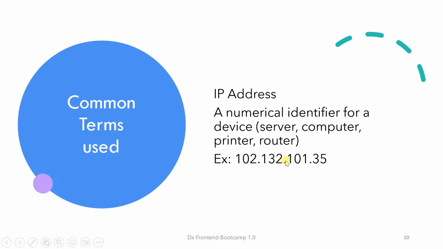Imagine if I have to memorize 10 websites and cram all these numbers word for word. But a domain name makes it easier to reference this particular IP address or multiple IP addresses. So it's going to be easier to call facebook.com than having to memorize 102.131.101.35. And we are going to be seeing it working live in a moment.